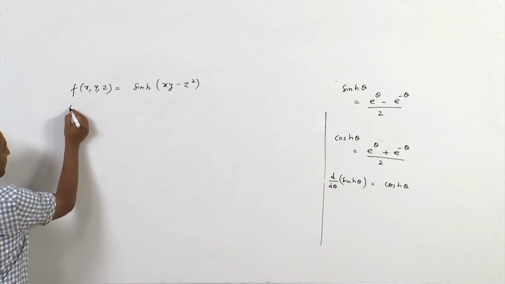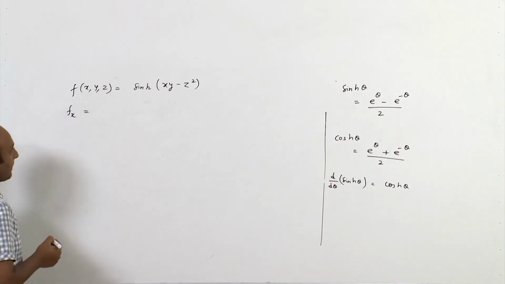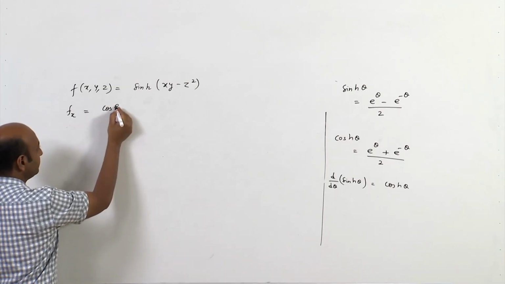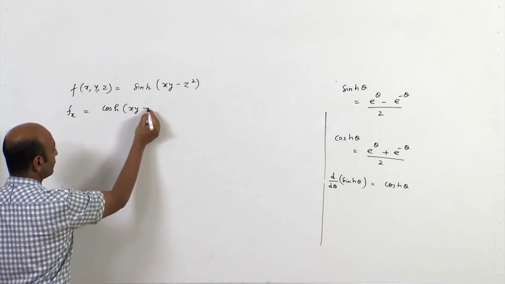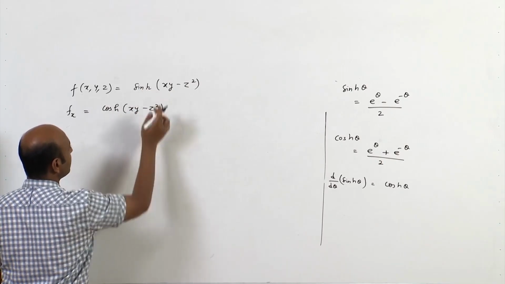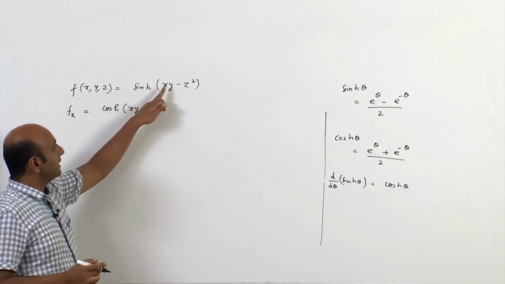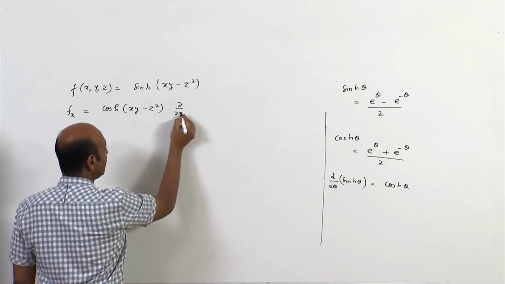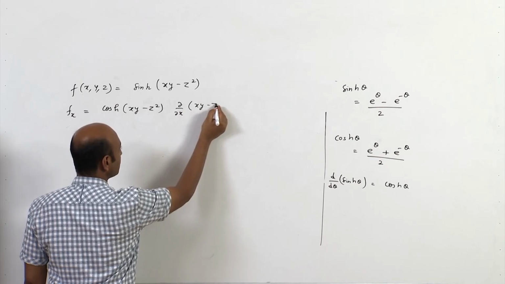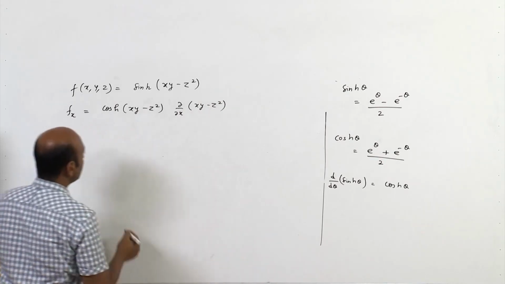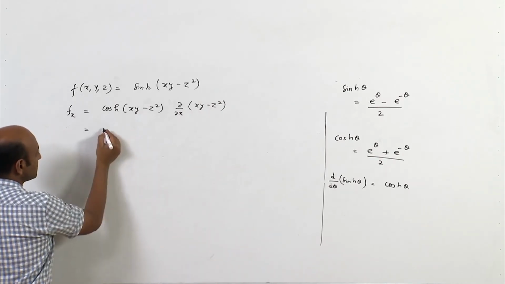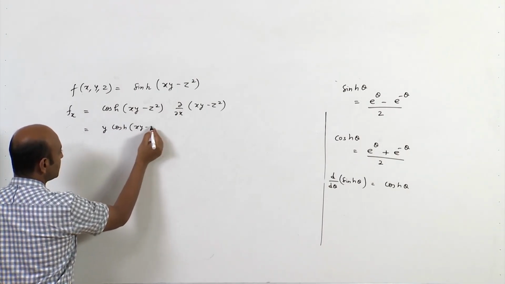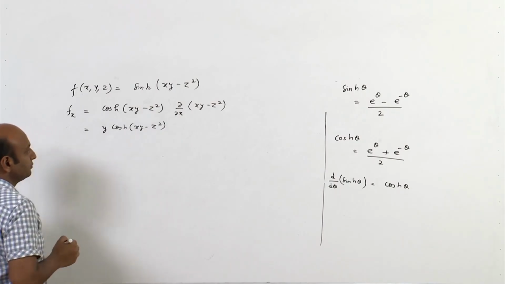So, if we take fx, which is del f upon del x, the derivative of sine hyperbolic theta is cos hyperbolic theta, and del by del x of theta, which is xy minus z square, is y. So it is y into cos hyperbolic of xy minus z square. Okay.